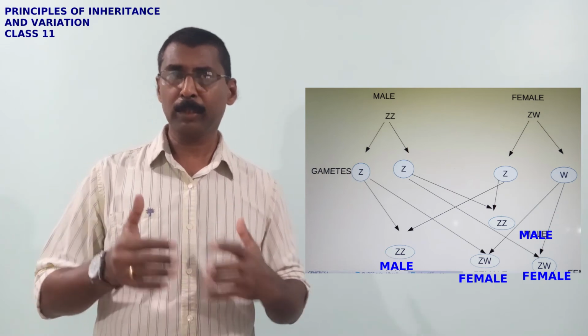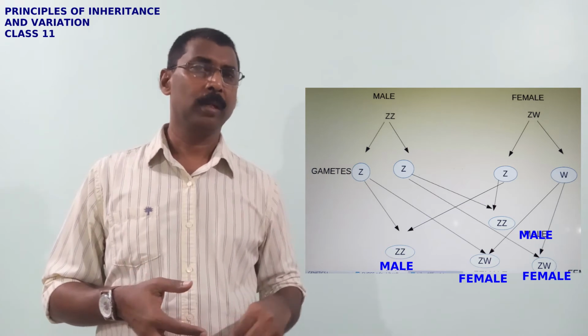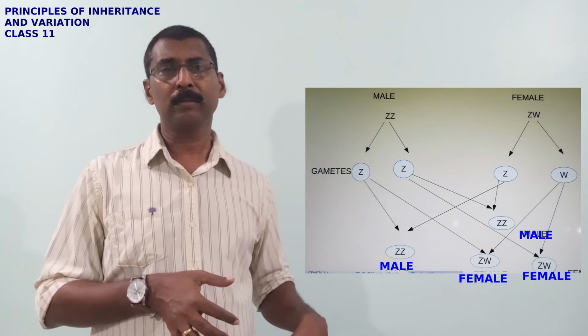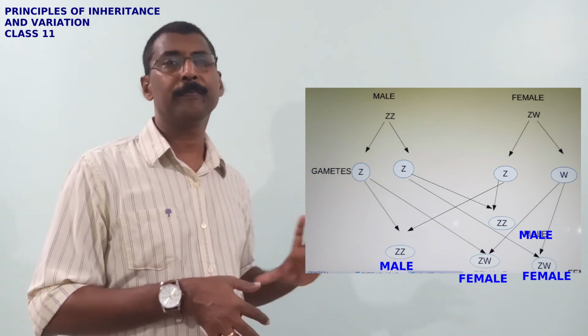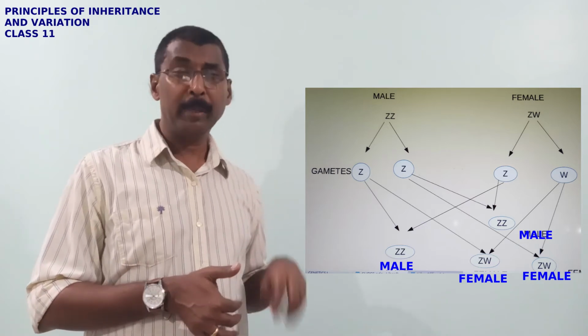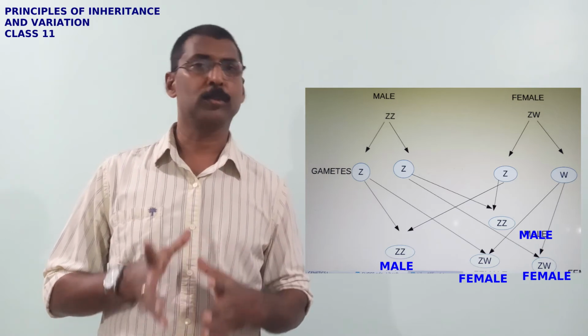Okay, now coming to the fertilization. When a sperm fertilizes an ovum with the Z chromosome, this zygote would develop into a male individual, because males are with the Z chromosomes.